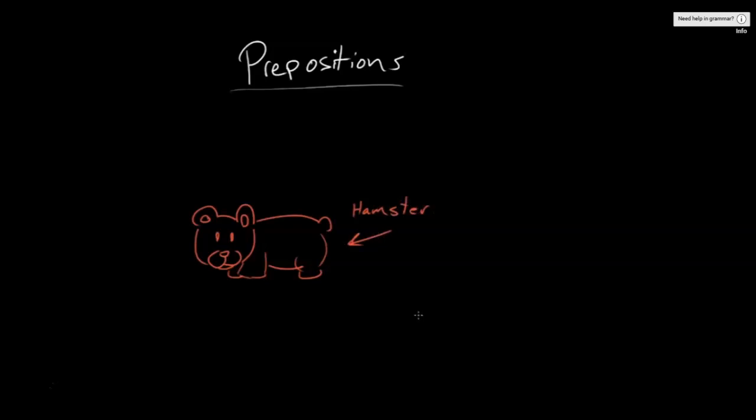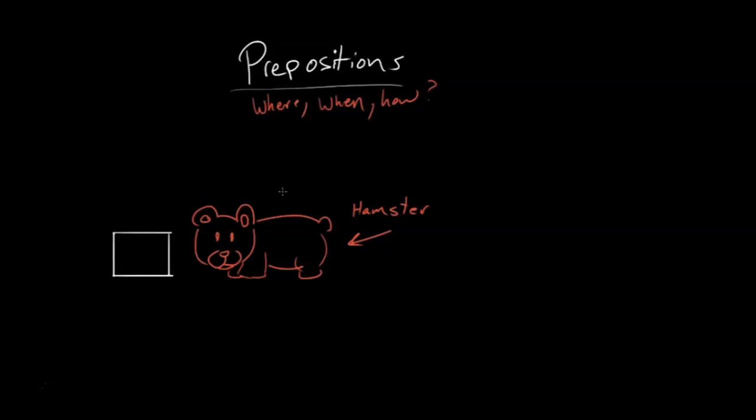Now I'm going to use this critter to establish what prepositions are and what they do, because in addition to there being a hamster, there's also going to be this box. So what prepositions do is they establish relationships between stuff in place and time. So it can show us where things are, when things are, and how things are.